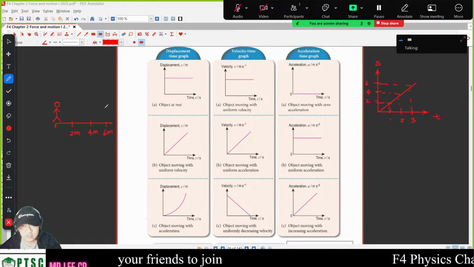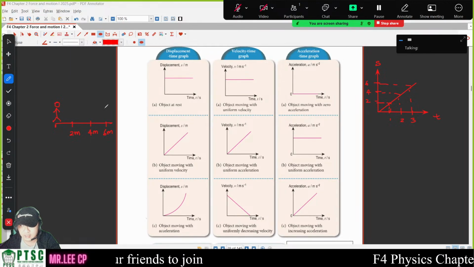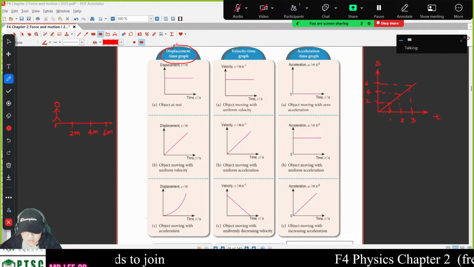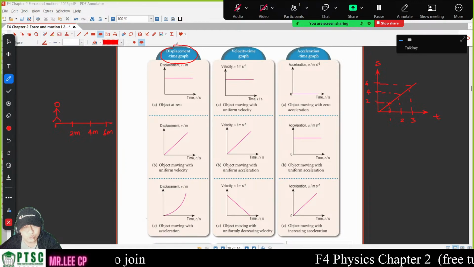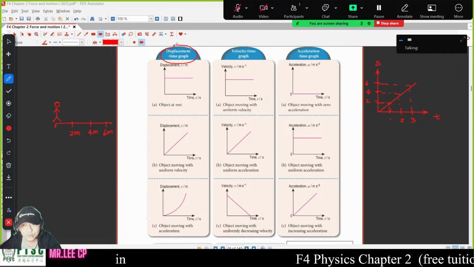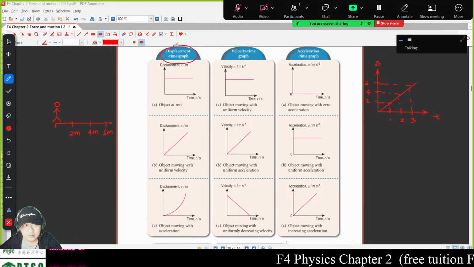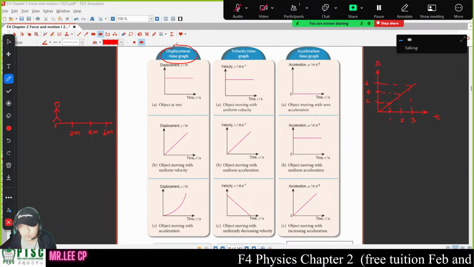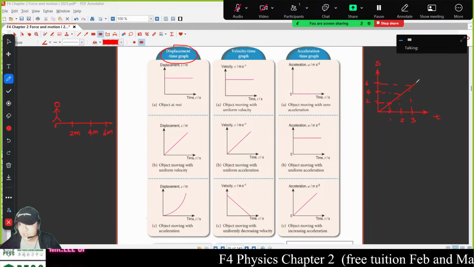So this is how the displacement time graph works. So in this displacement time graph, you can see where you are. First second, where am I? Second second, where am I? Third second, where am I? So this is how you move.